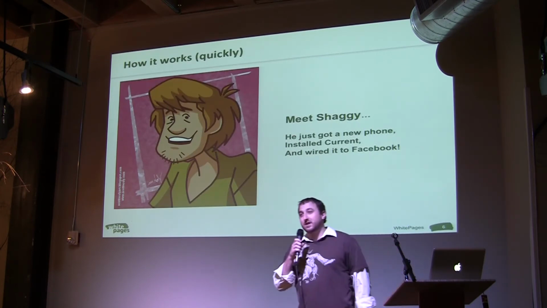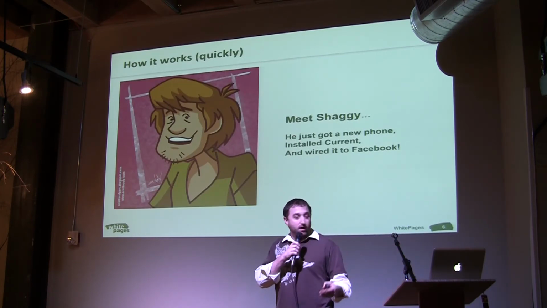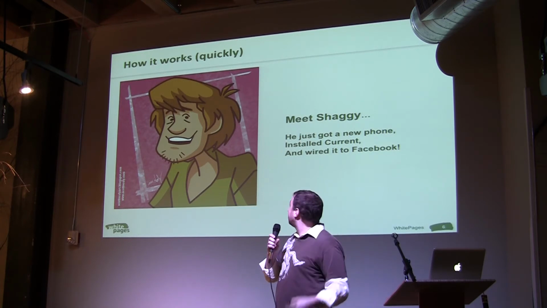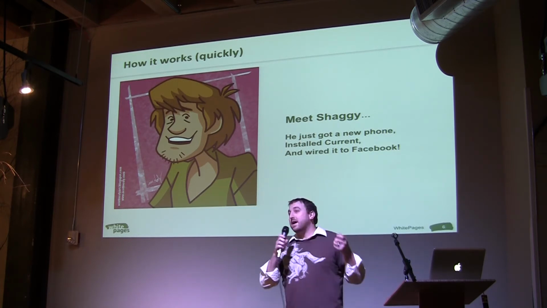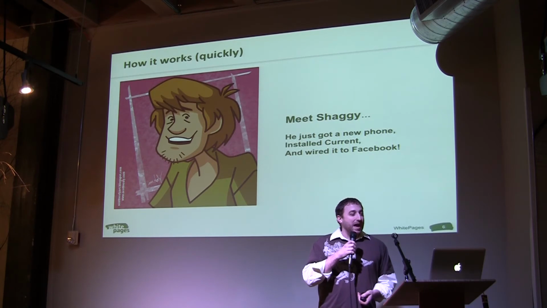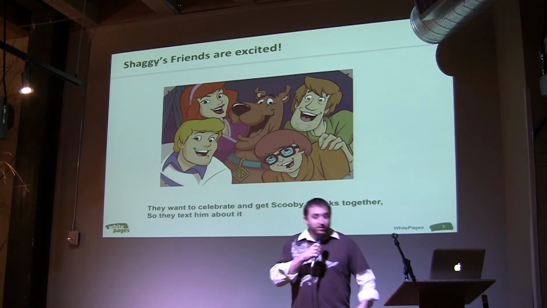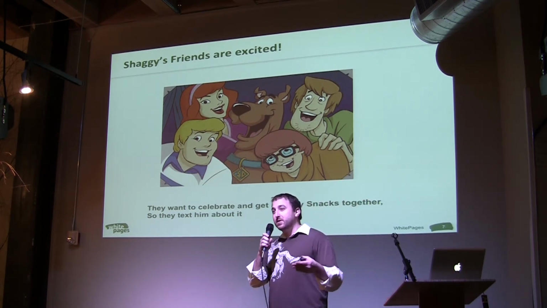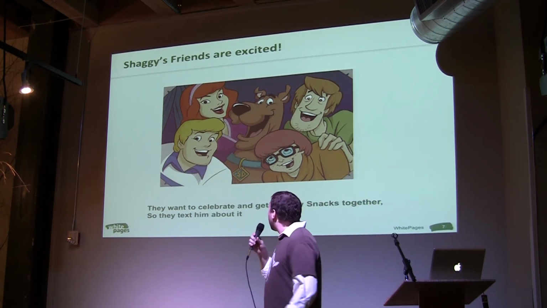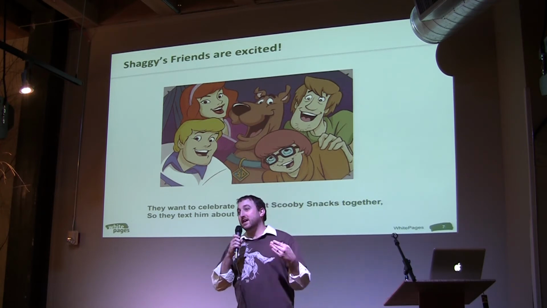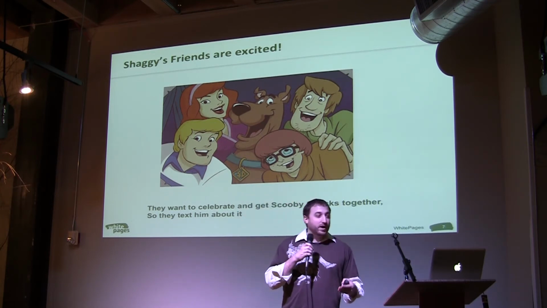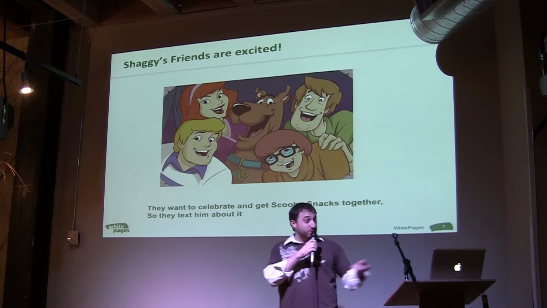Shaggy just got a new cell phone, and he installed Current on it. He also wired it up to Facebook. He was about to call his buddy Scooby, but Daphne, Scooby, Fred, and Velma were excited that Referendum 502 had passed, and they all text Shaggy at the same time because they wanted to celebrate for a minute and get some Scooby snacks.